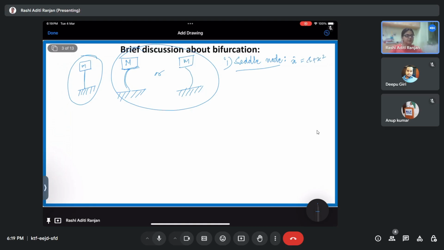Okay, so if you see over here, I have two fixed points, and those fixed points are nothing but plus minus the square root of minus r. So this fixed point will exist only if r is less than 0.